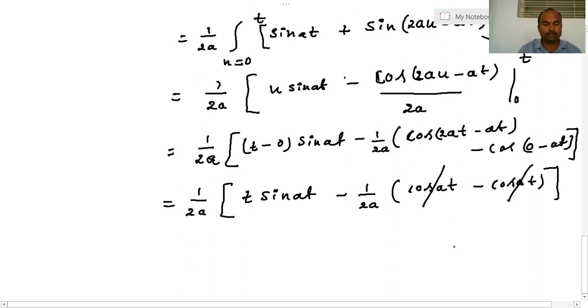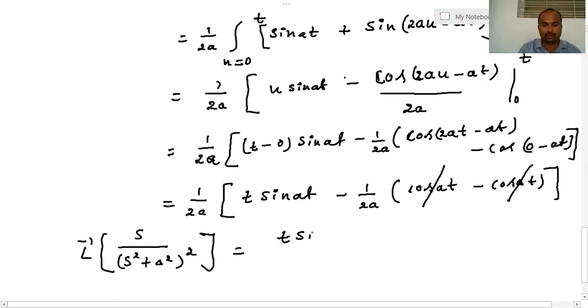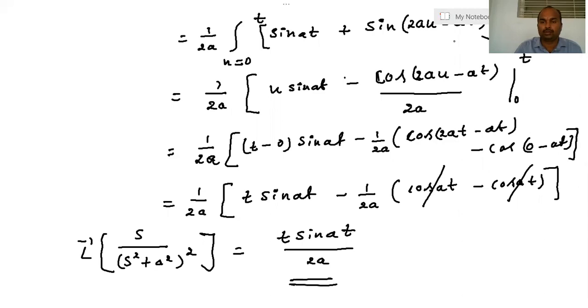So therefore the final answer will be inverse Laplace transform of s by (s square plus a square) the whole square, which is nothing but t sin at by 2a. So this is how we'll use the convolution theorem to find the inverse Laplace transform.